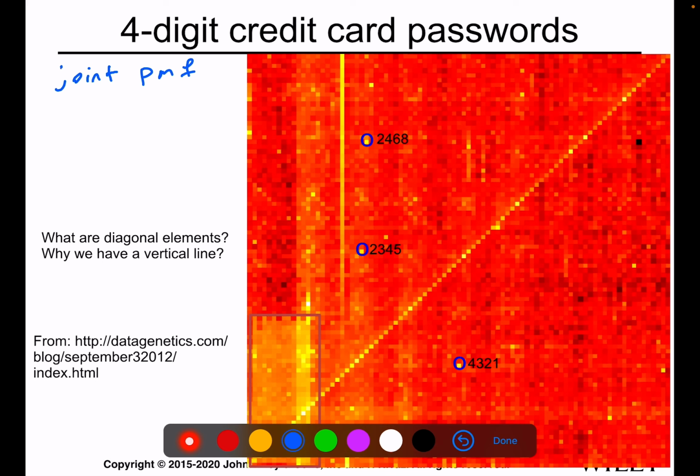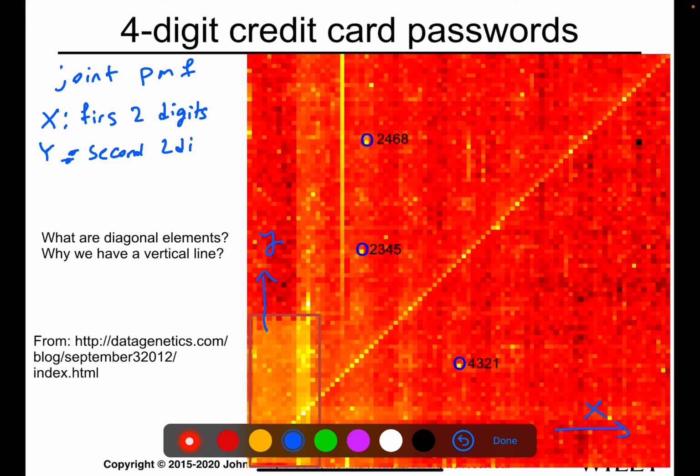If we call this axis x-axis, and this axis y-axis, he defined x as the first 2 digits, and he defined y as the second 2 digits, right?